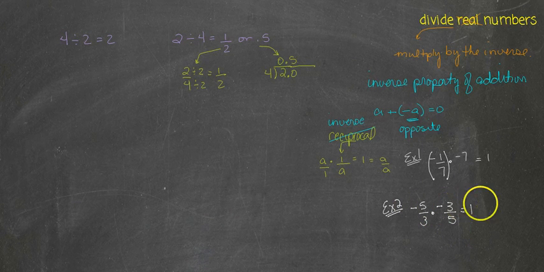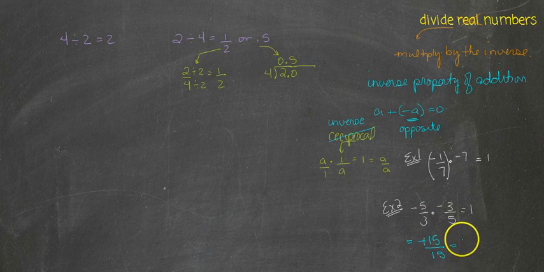Negative 5 times negative 3 equals negative 15, equals positive 15 over 3 times 5 equals 15. 15 over 15 equals 1, and I've gotten exactly what I hoped for. All right, I think now we're ready for a rule or a property. In this case, it's the division rule.